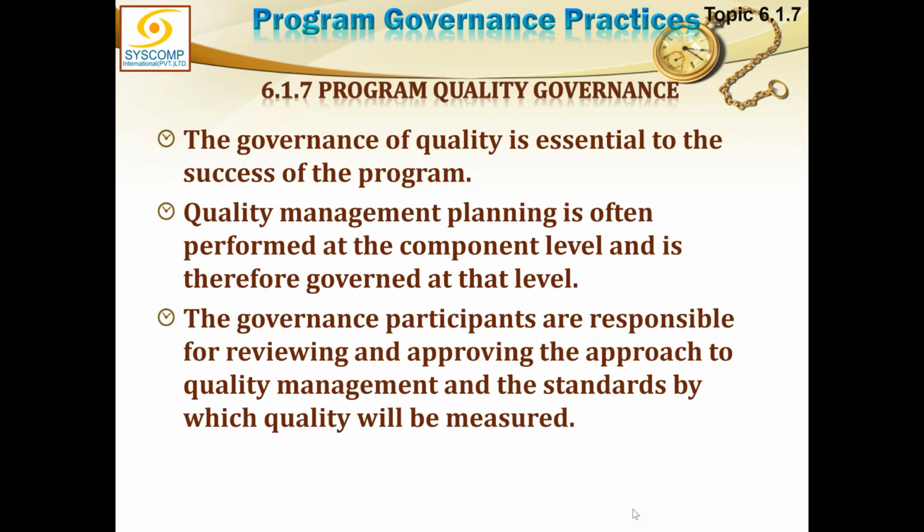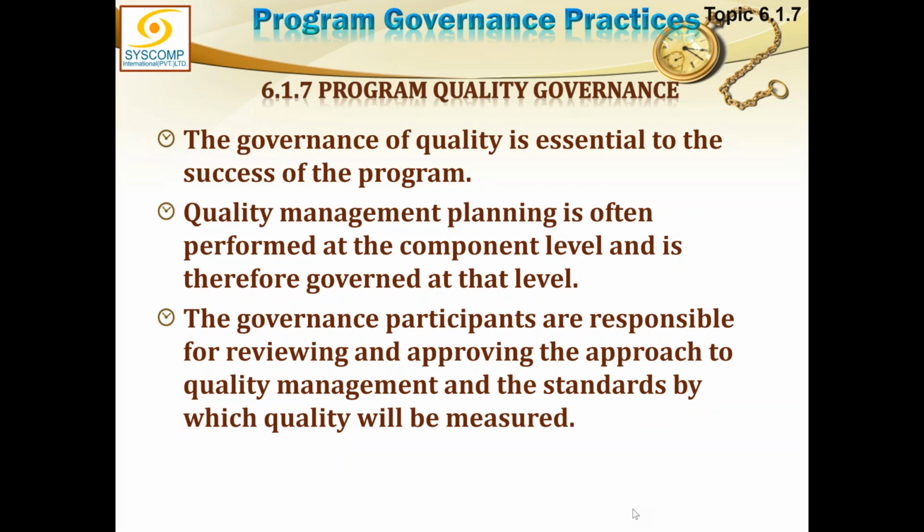So whatever is the quality of the program and components and all that, that is going to be cumulated at the program level. And you must have a proper check and balance system defined at the program level, which will ensure that all the qualities are being consolidated properly.